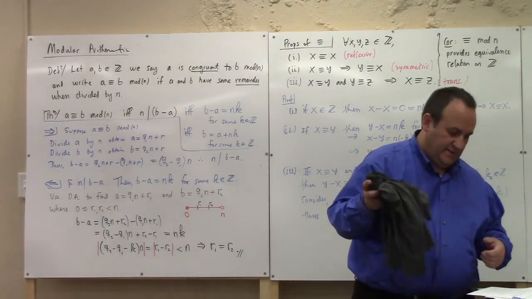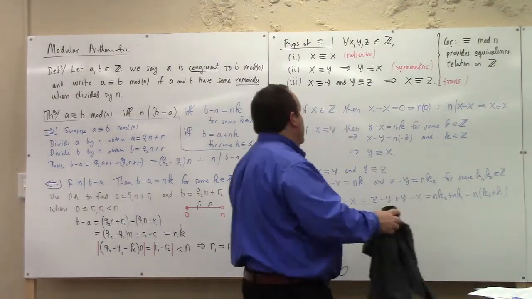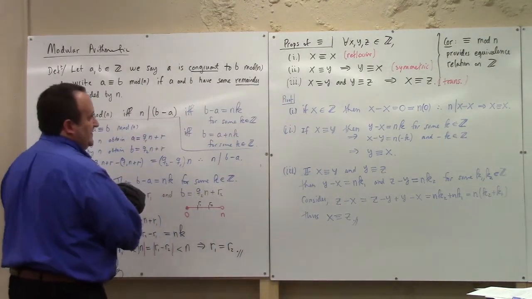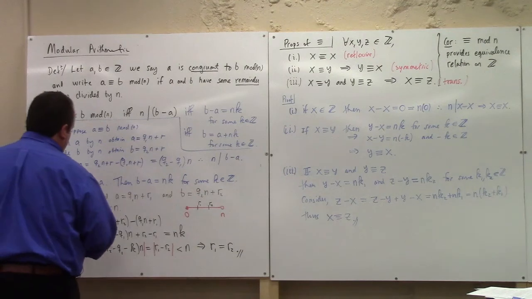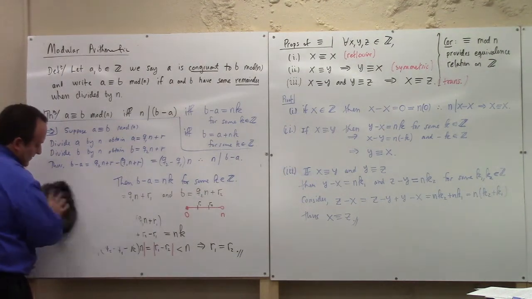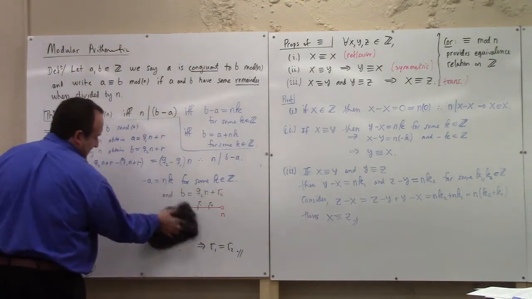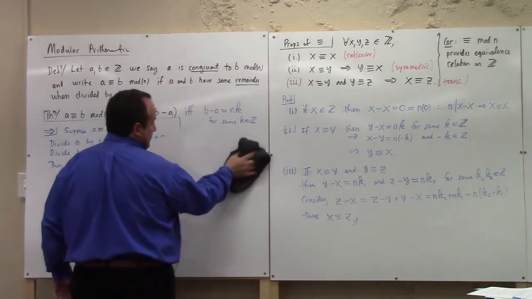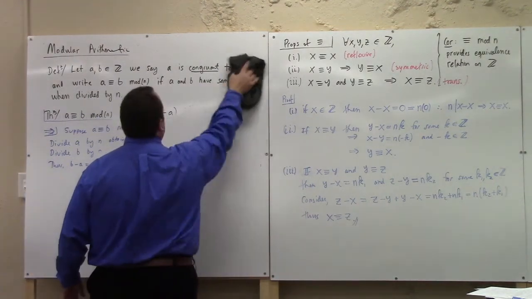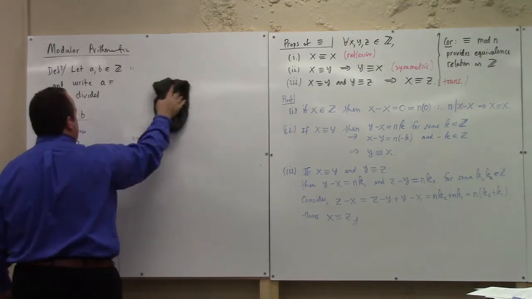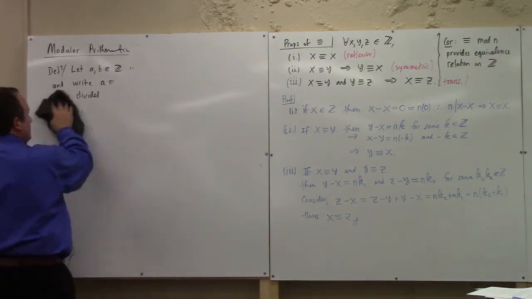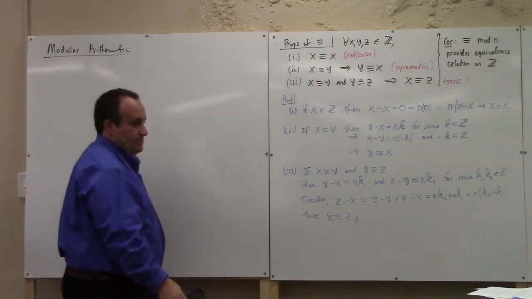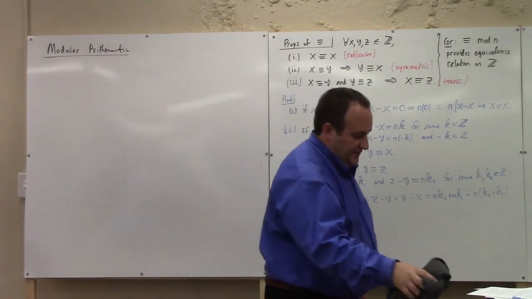So if we have a relation on a set which satisfies these 3 properties, reflexive, symmetric, and transitive, it is an equivalence relation. And what does that mean? What are the rights and privileges guaranteed thereunto if you have an equivalence relation on a set? What does it do to the set? Remember, it partitions the set.